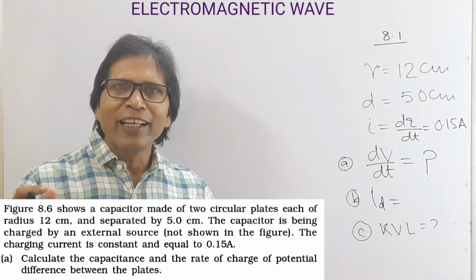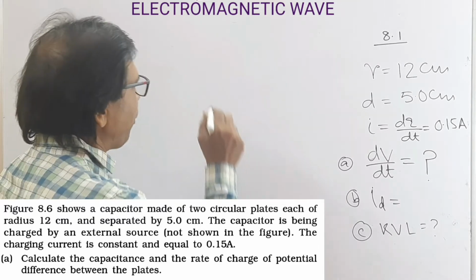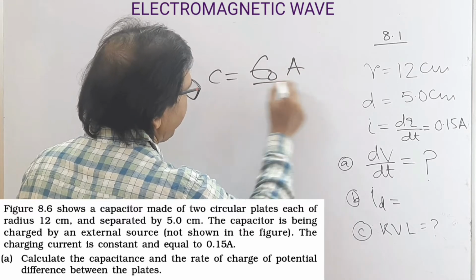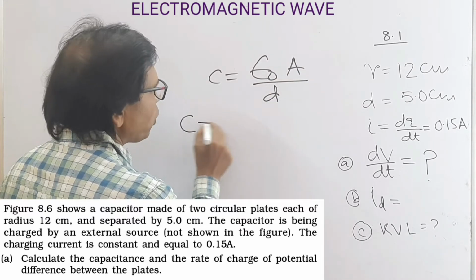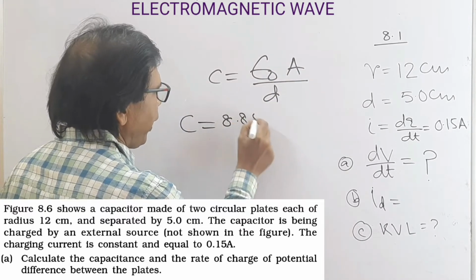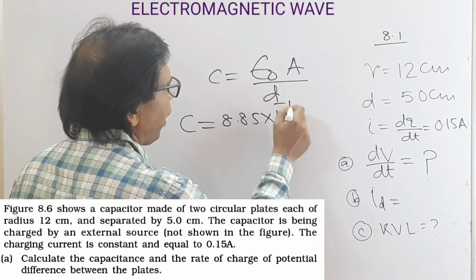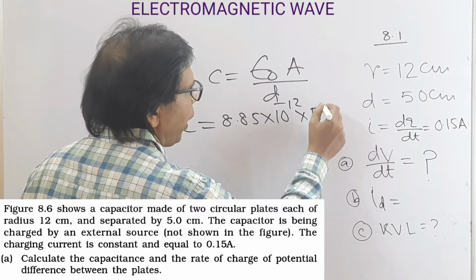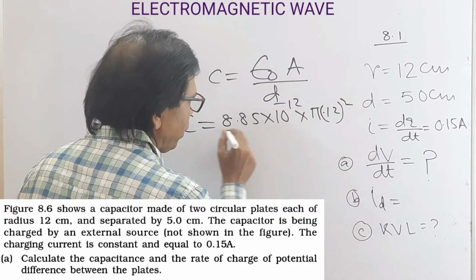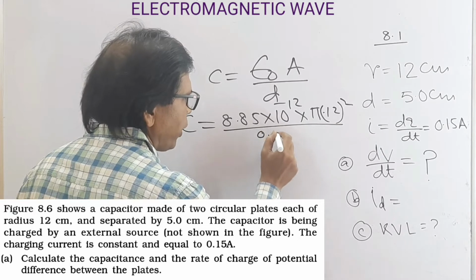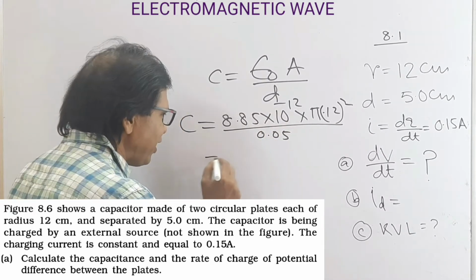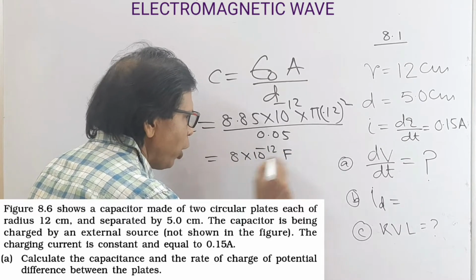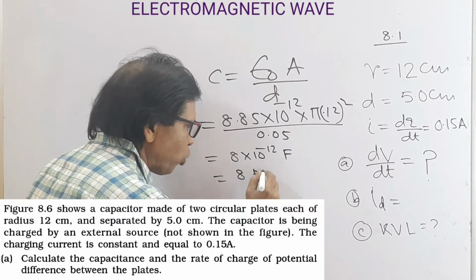First of all, the capacitance of the parallel plate capacitor, C equals epsilon naught A divided by d. Therefore C equals 8.85 into 10 to the power minus 12, times pi into 0.12 whole square, divided by 0.05. This is almost 8 into 10 to the power minus 12 farad, so this is 8 picofarad.